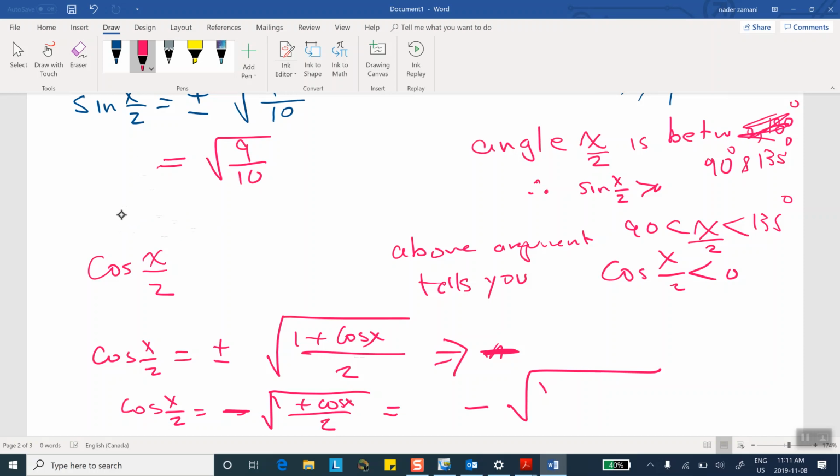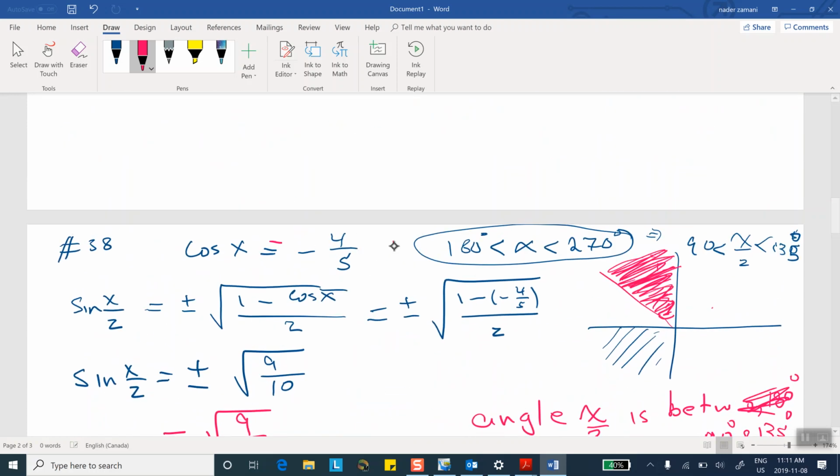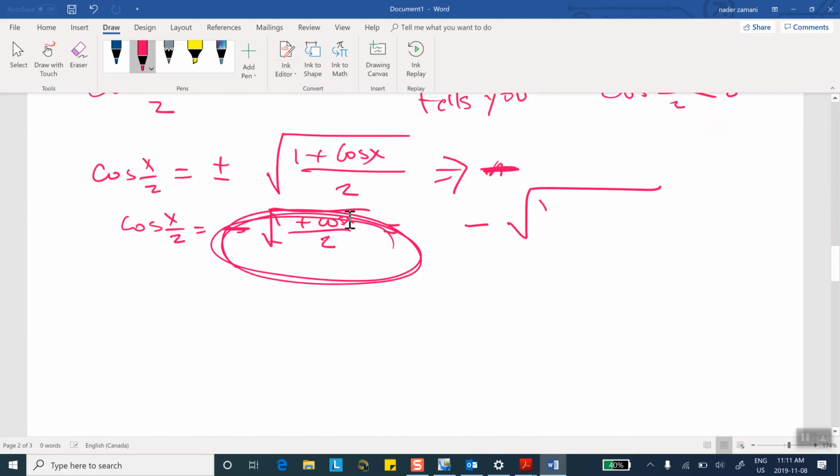Number 38. It says cosine of x equals minus 4 over 5. Minus 4 over 5, right? Yeah, right there. Okay, minus 4 over 5. So just plug it in.